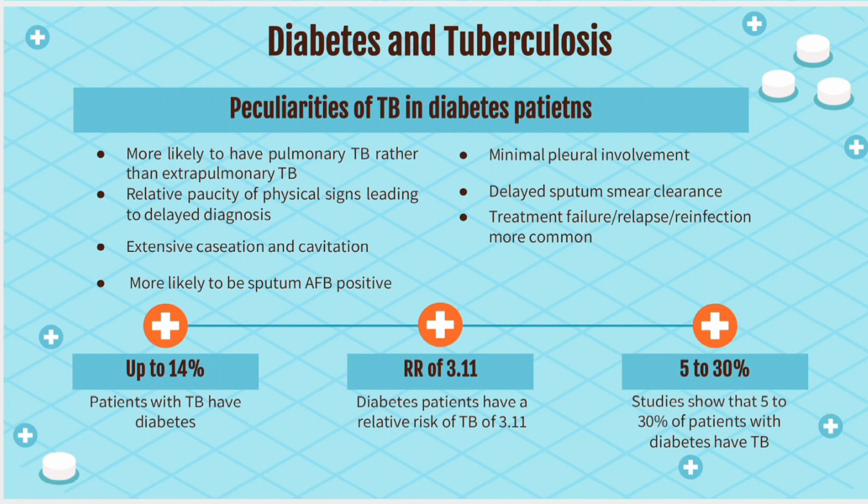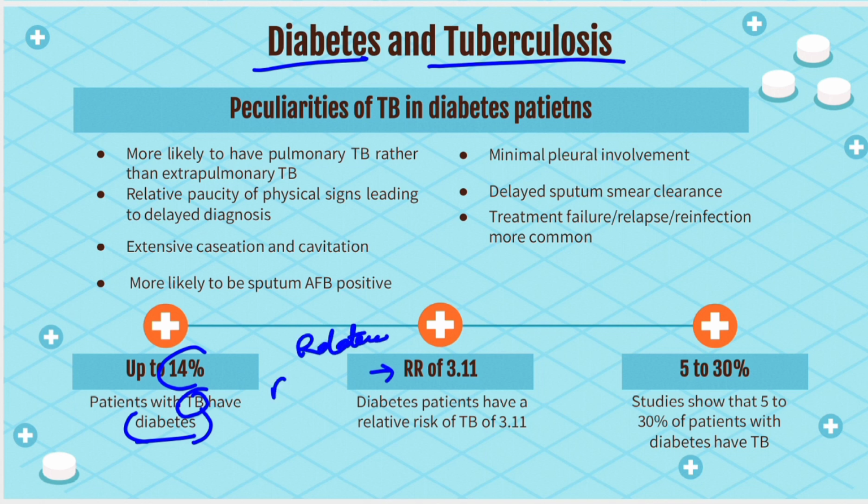Now let's discuss the tuberculosis infection in any patient with diabetes. It is seen that up to 40% of the patients who have TB are also positive for diabetes. Discussing the relative risk, RR, it is seen that the relative risk is about 3.11 in any patient with diabetes.